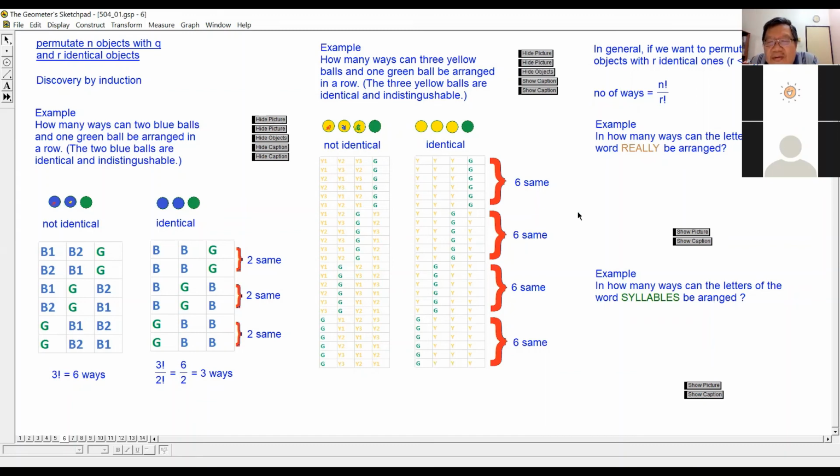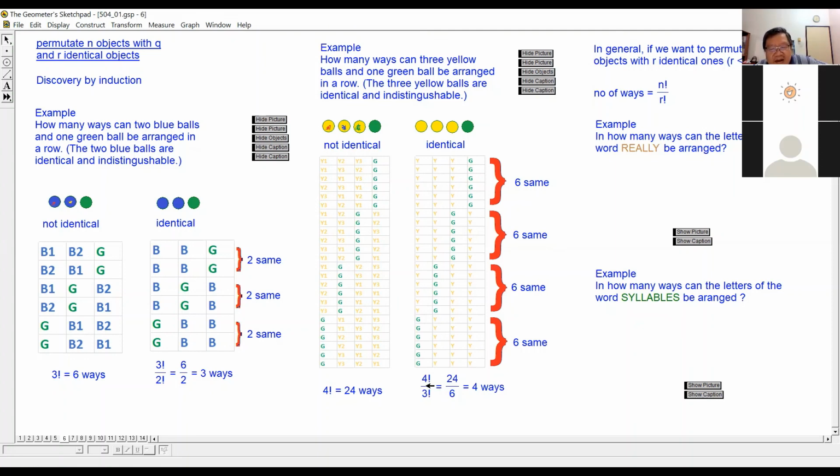Any question? Sure? Okay. Then how to count? If they are different, then it is 4 factorial, 24. If they are the same, then we have to divide by the number of identical objects.